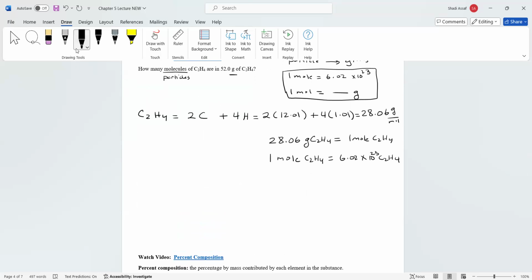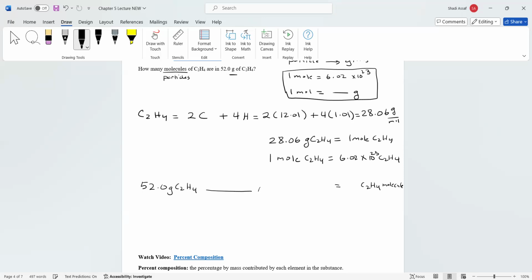We're beginning with 52.0 grams of C2H4, and we're asked to go to C2H4 molecules.